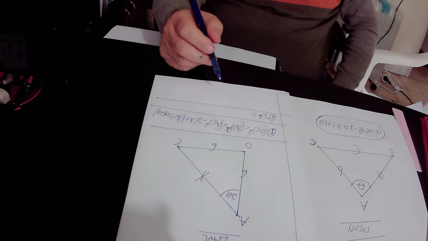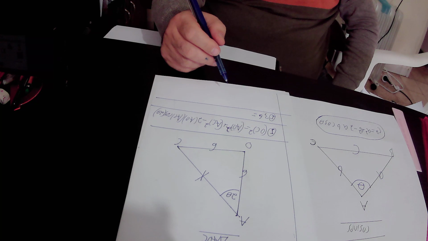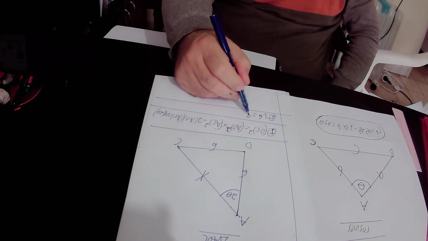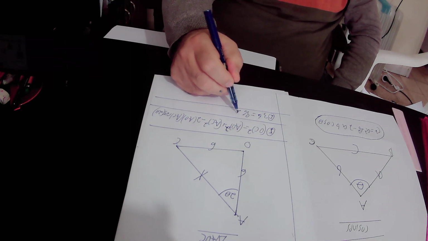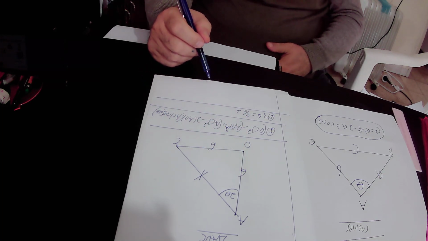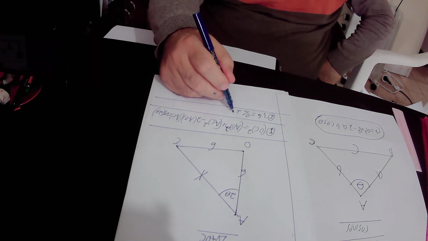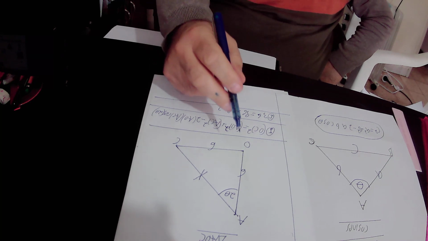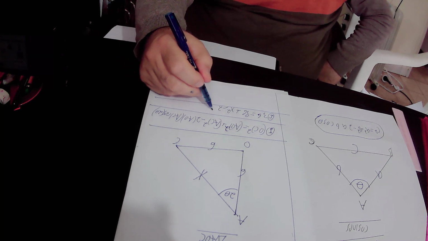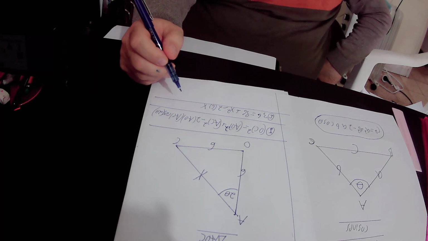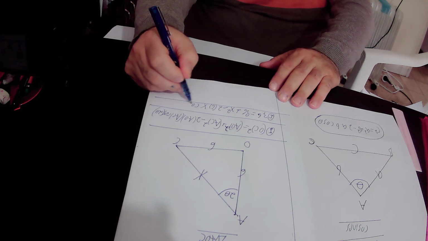It is equal to AO squared, 6 squared, also 36, plus AC squared, which is X squared, minus 2 times 6 times X times cosine 2 theta.